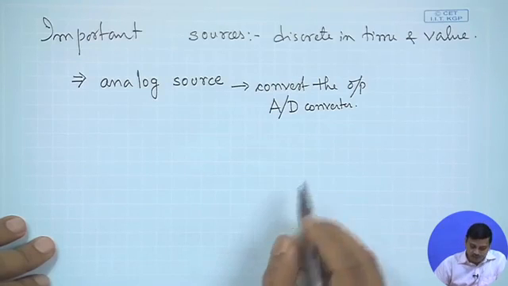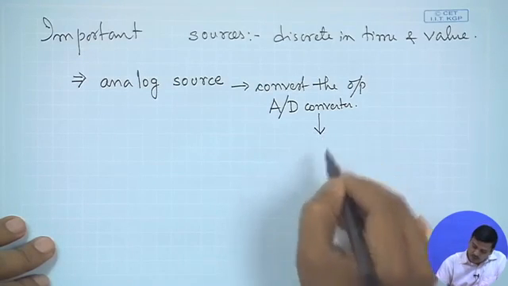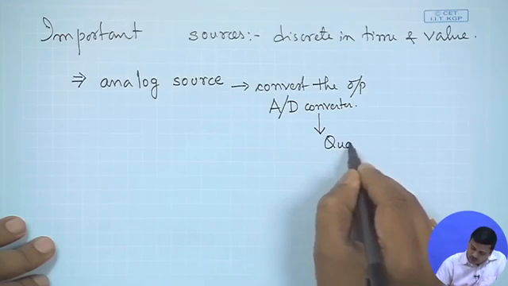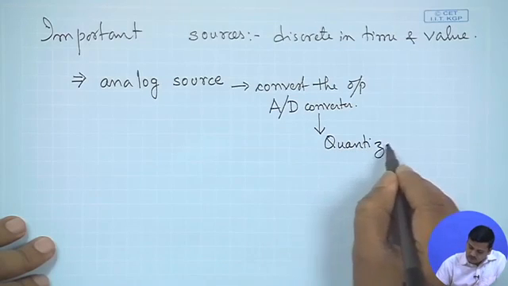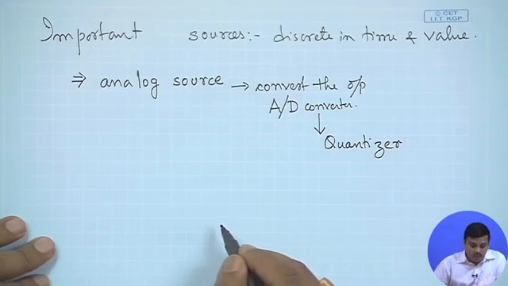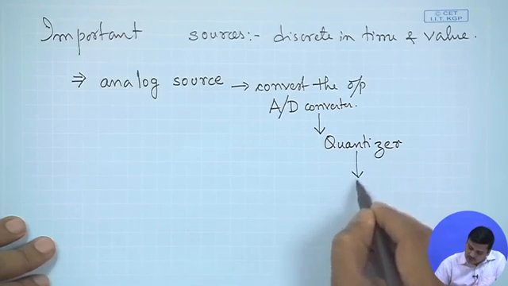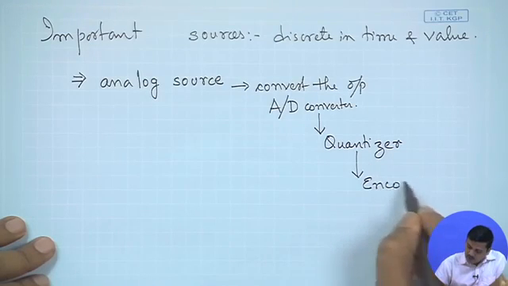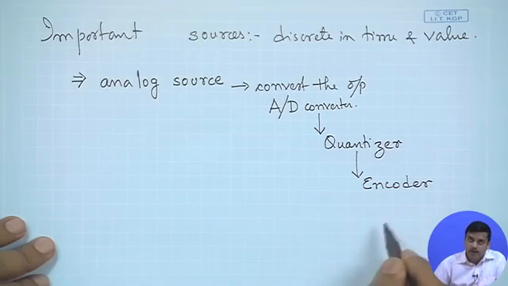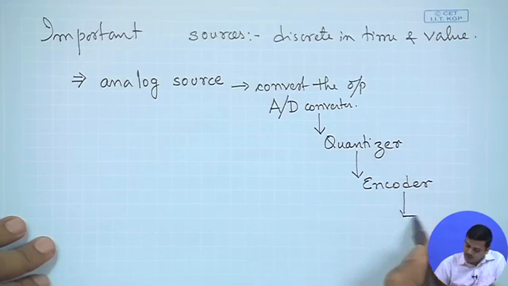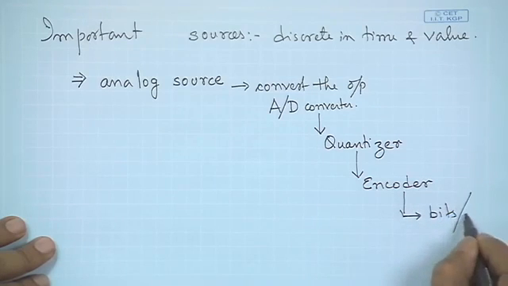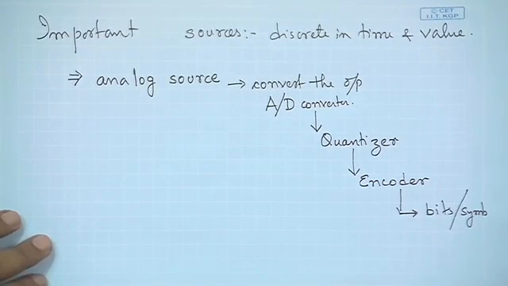So you have to send it to an analog to digital converter. This output has to go through a quantizer, and the quantizer output can further go into an encoder, and once it has passed the encoder it is going to generate bits, or it can also generate symbols. So this is how things will be.